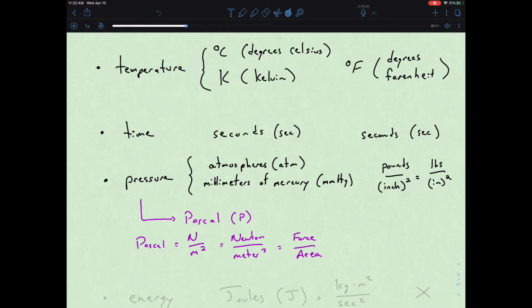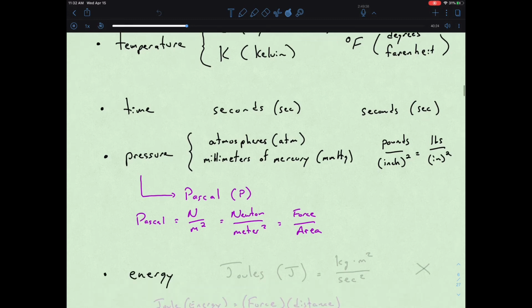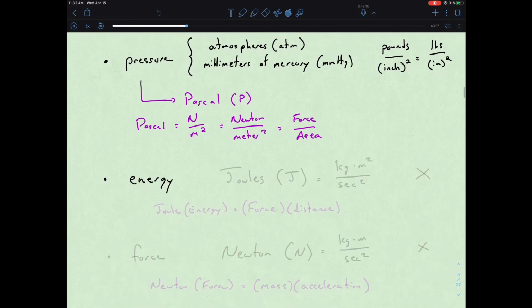Last one that we might have is this idea of energy. And for our energy idea, we're really looking at the notion of joules. In terms of that idea of joule or energy, it is equal to force times distance.